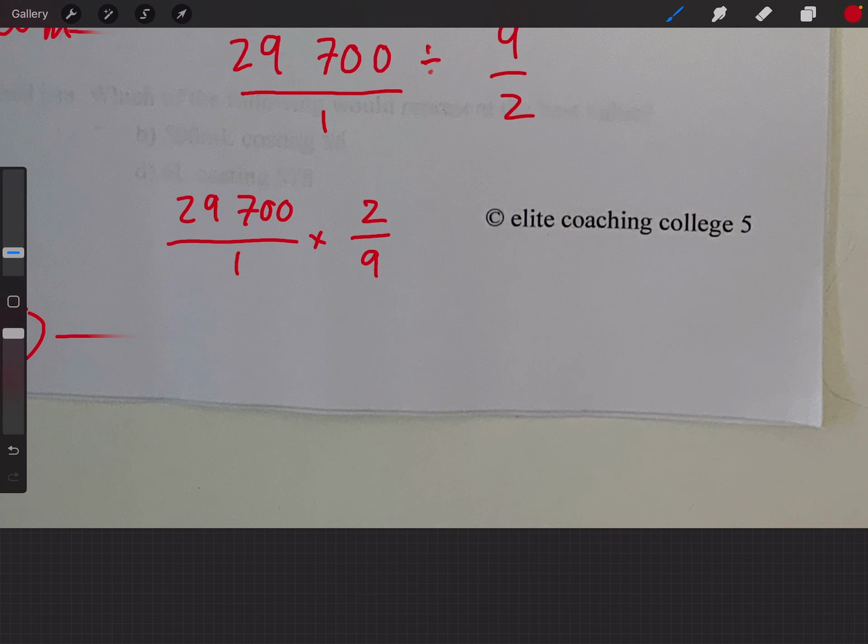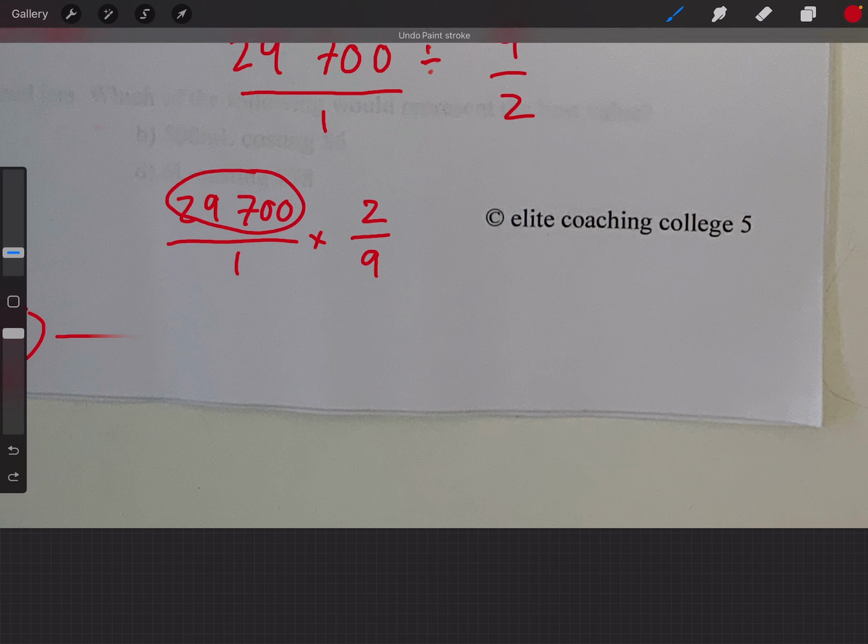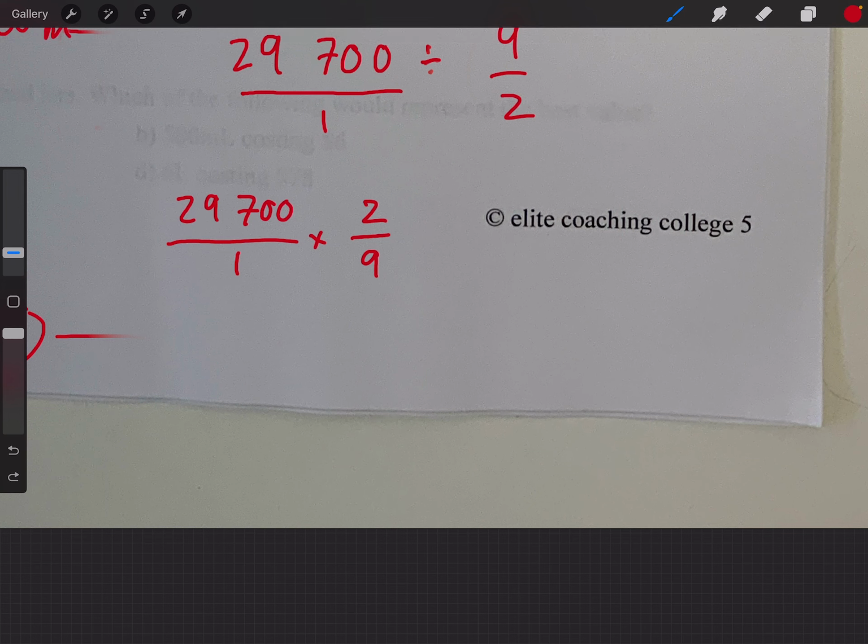Alright. Now what do we have here? Can we simplify these two? That's the question. Yes, we can. So if you divide the bottom by 9, you get 1. Now divide the top part by 9: 29,700 divided by 9.